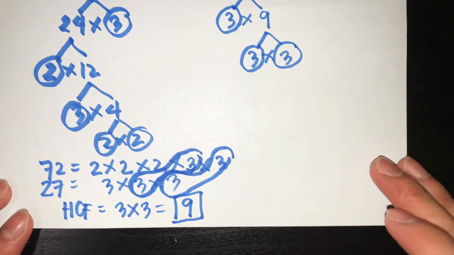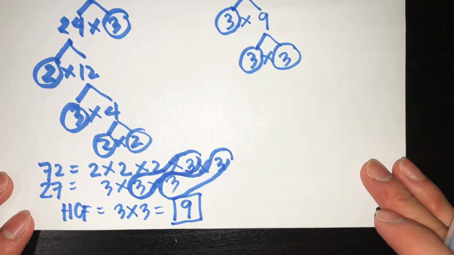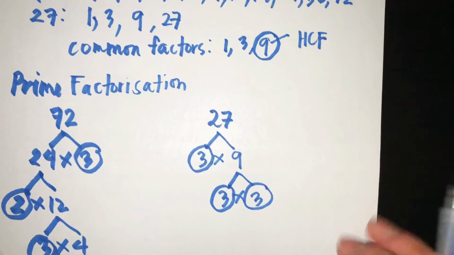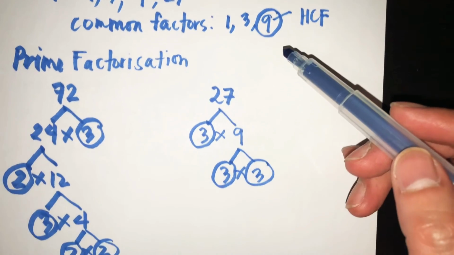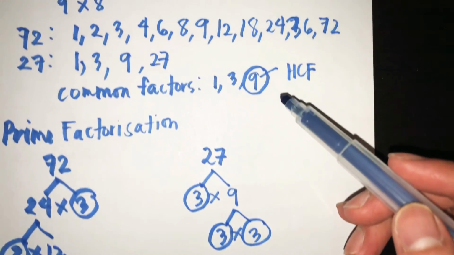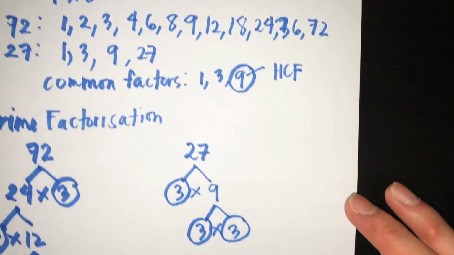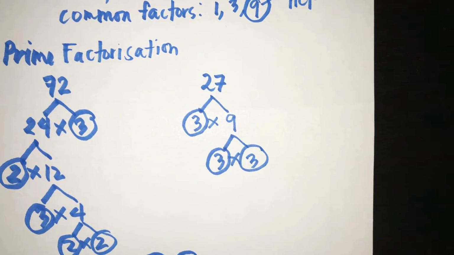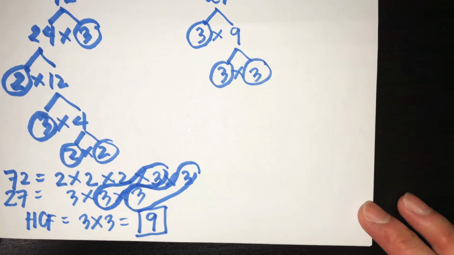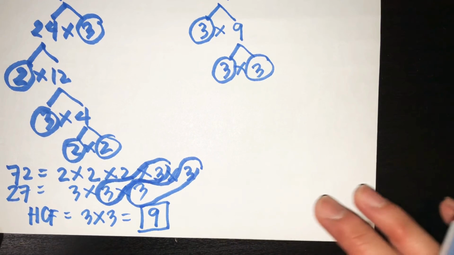Now, so you can see, even if you use two different methods, you should be arriving with the same answer. Now, in this case, you have 9 here, using listing down all the factors of the two numbers, and for prime factorization, you have also 9. Okay?